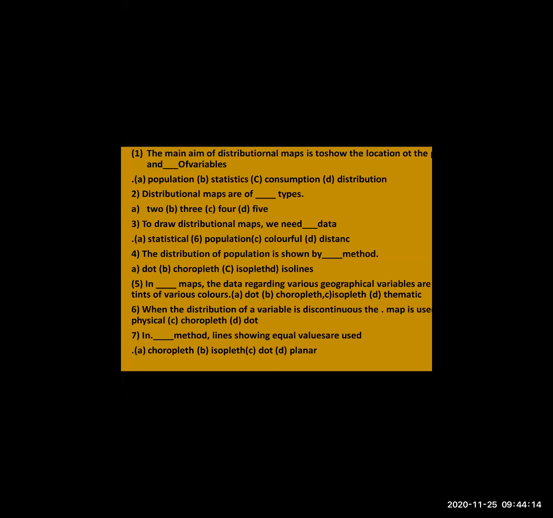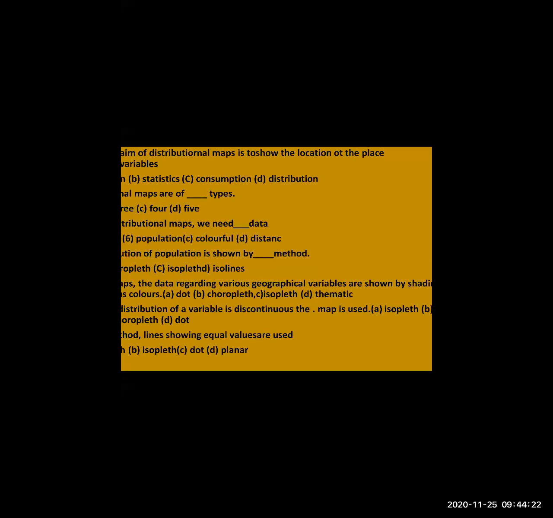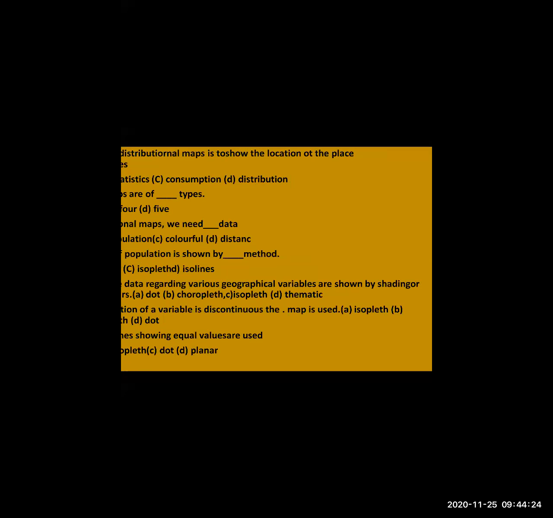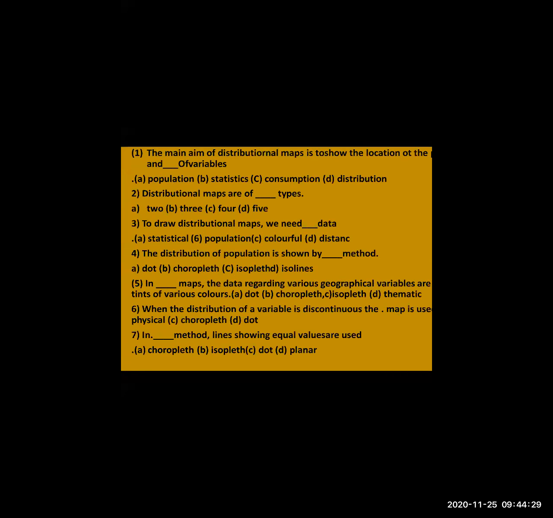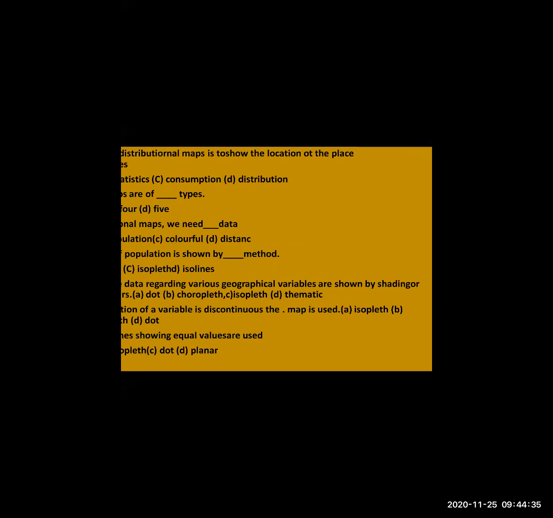Okay, now next is when the distribution of variable is discontinuous, the dash map is used. Which map is used whenever the distribution of variable is discontinuous? Yes. No, only one answer is there. Dot, isopleth, do not give two answers.